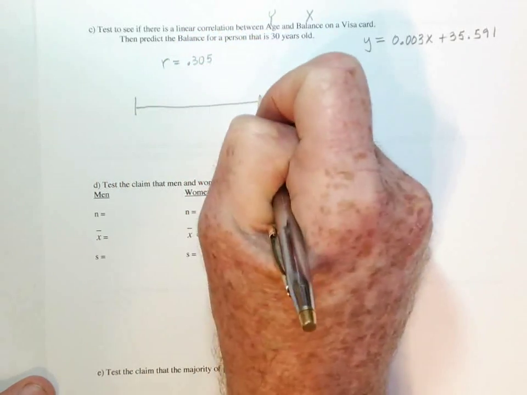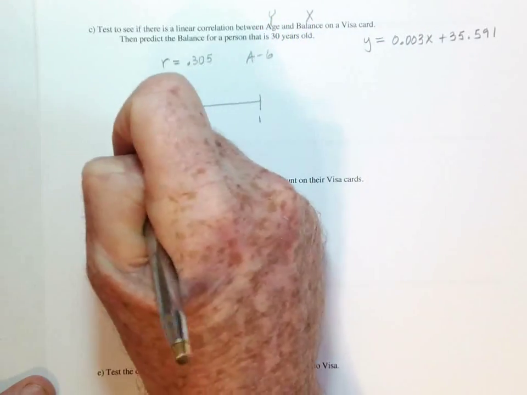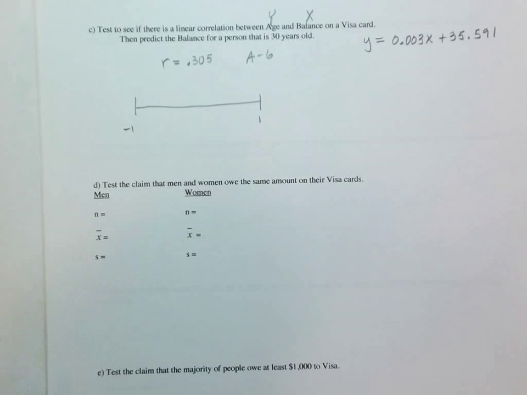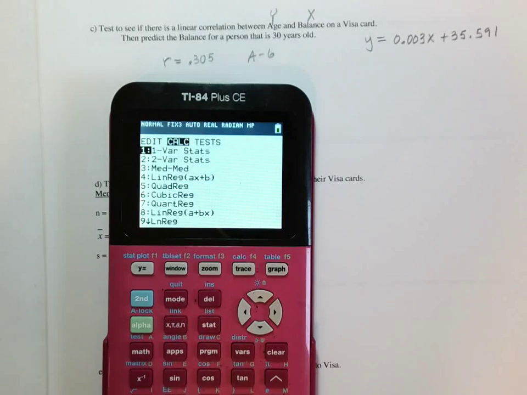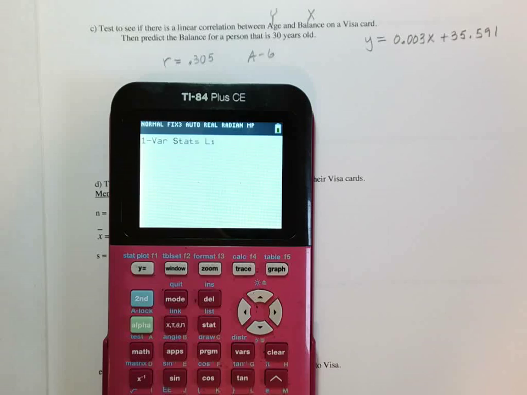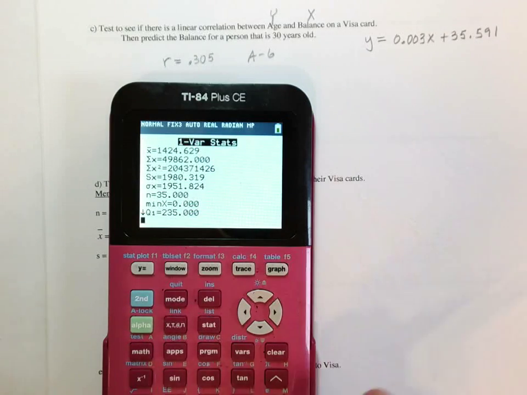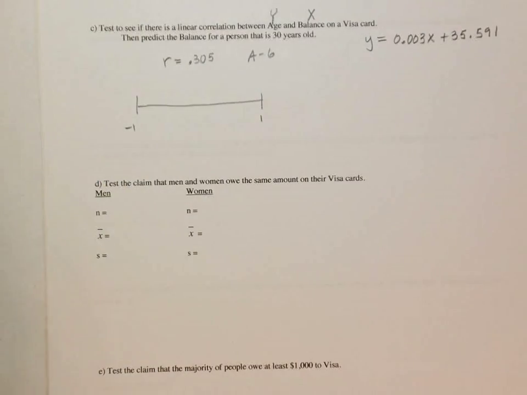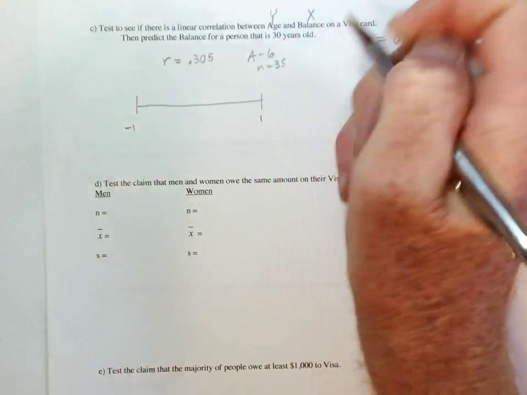And now use table A6 to look up the critical value. For table A6, you need to know what the sample size is. And if I just do the mean and standard deviation again, it will tell me the sample size is 35. So n equals 35.